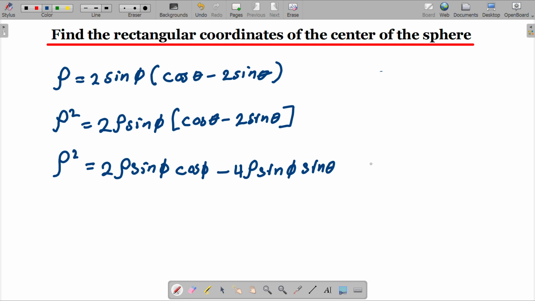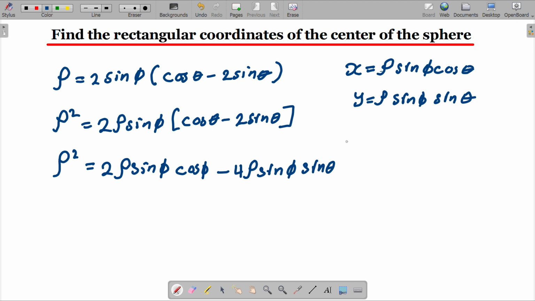When it comes to spherical coordinates, one thing you need to remember is that your x is given as rho sine phi cos theta, then your y is given as rho sine phi sine theta. So it's just a matter of doing the substitution.